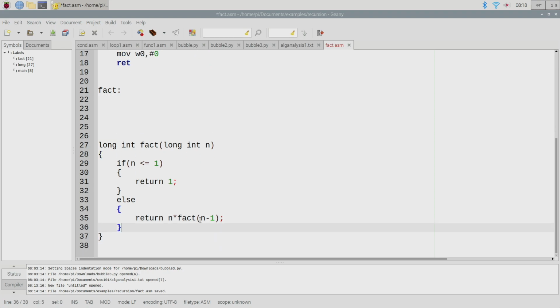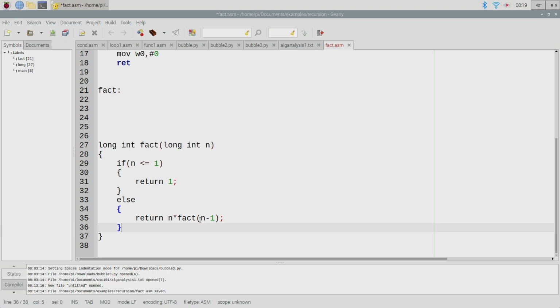We return n times fact of n minus 1, right? Because what's 5 factorial? 5 times whatever 4 factorial is. And what's 4 factorial? 4 times whatever 3 factorial is, and then you just keep doing this until you hit your base case.